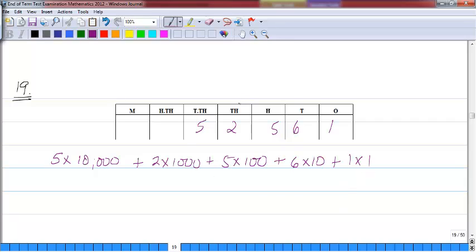Now in the column for the thousands, we would have 2 times 1,000, and that would give you the value that is there. So our answer in this case for number 19, as with number 33, is B.